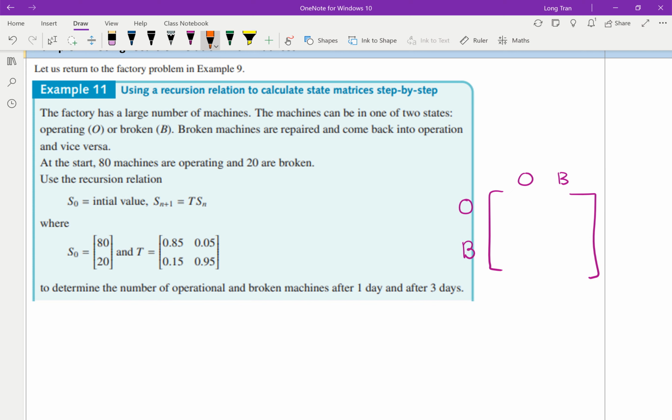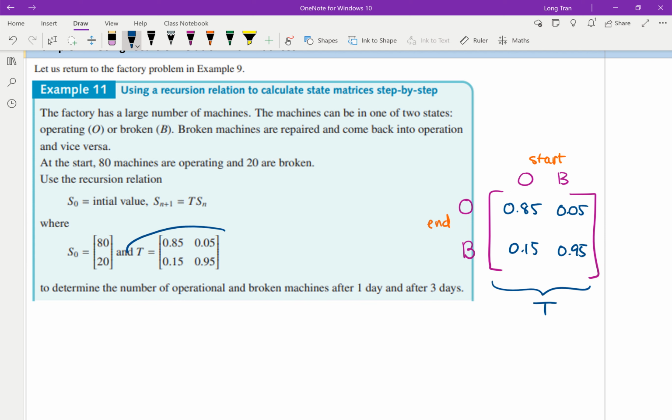This was the start of the day and this was the end of the day. We worked out in the first part to represent it in a transition matrix, and we have 0.85, 0.15, 0.05, and 0.95. So this is our transition matrix.